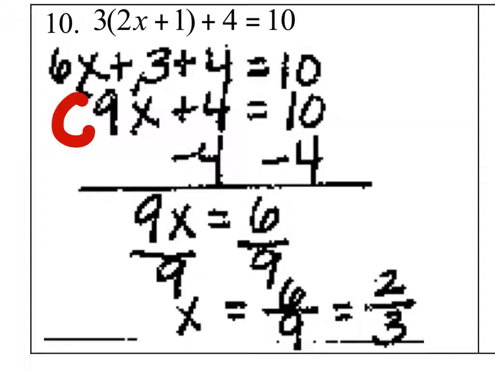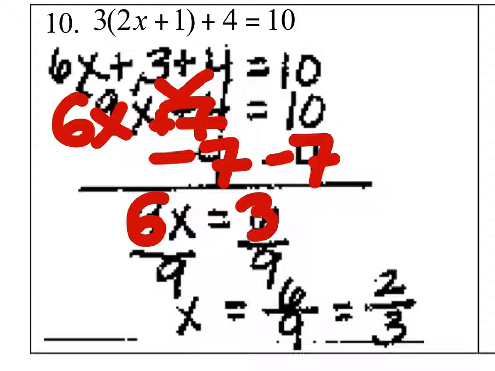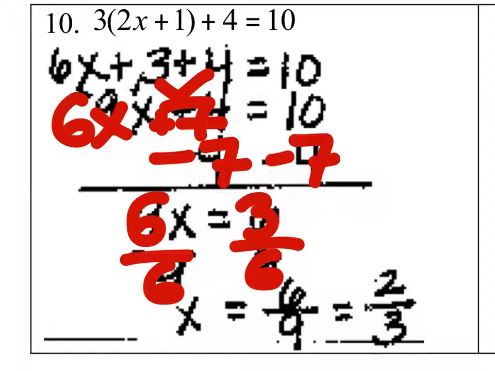So, solving this correctly, we'd get 6x, but we can combine the 3 and the 4 to get a 7. So we will subtract 7 from both sides. Then we got 6x equals 3. Dividing both sides by 6, we get x equals 1/2. So x is 1/2.